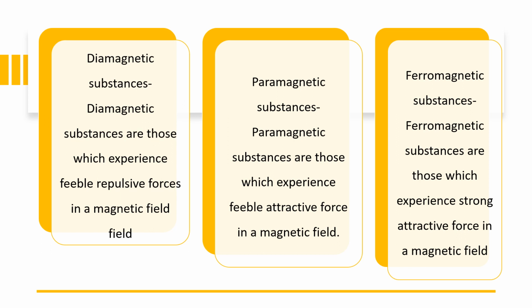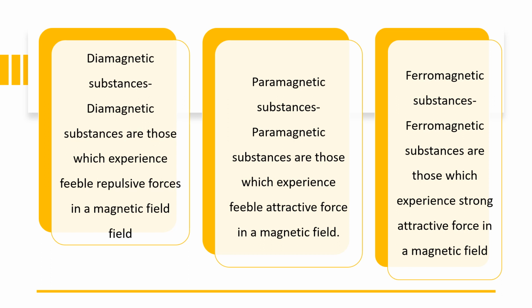Paramagnetic substances are those which experience a feeble attractive force in a magnetic field. That is, when a paramagnetic substance is placed in a magnetic field, a weak magnetism is induced in it in the direction of the field.